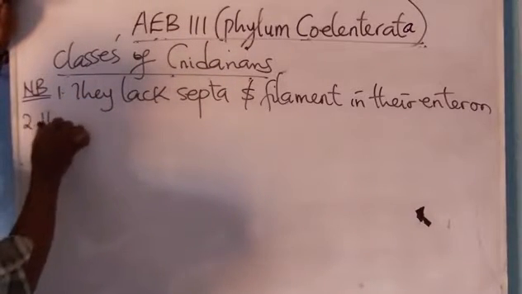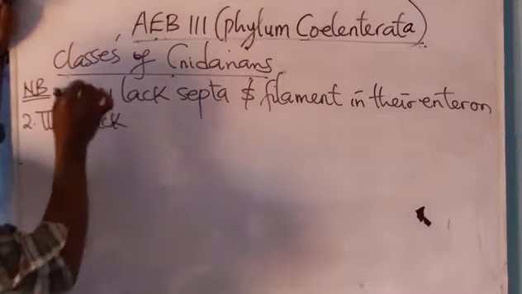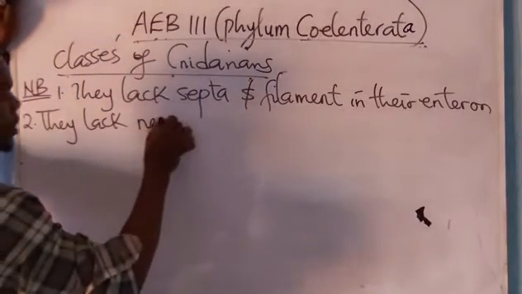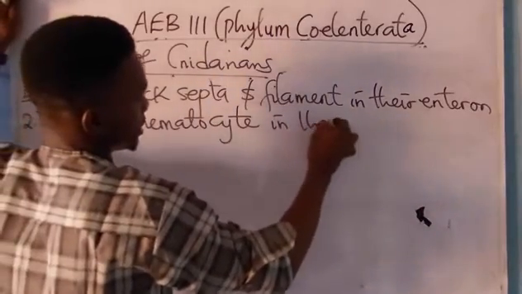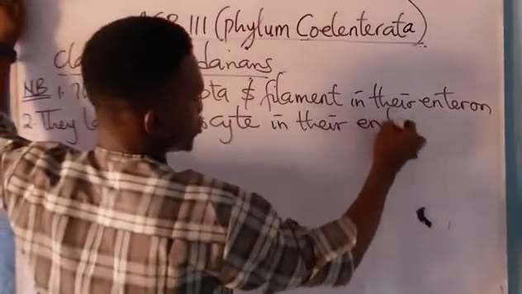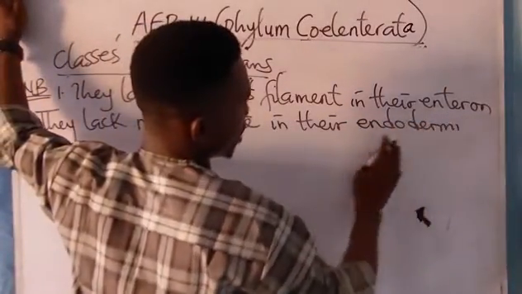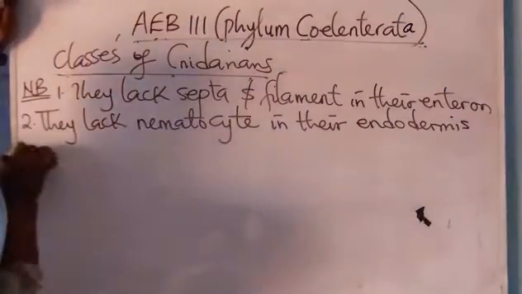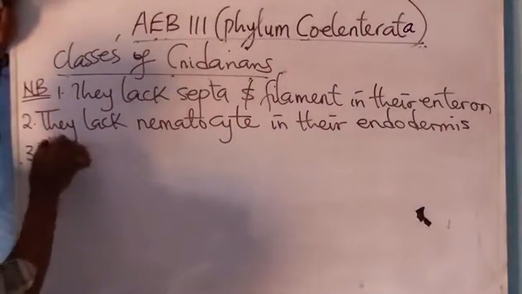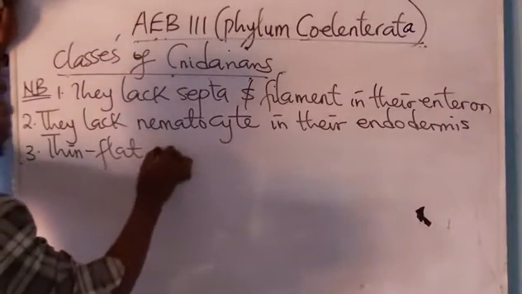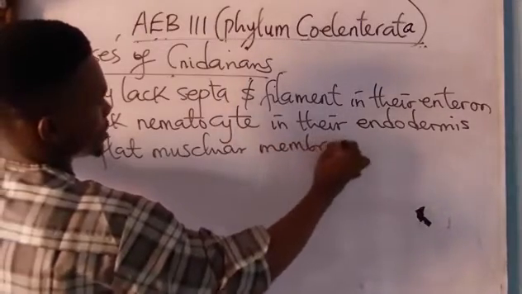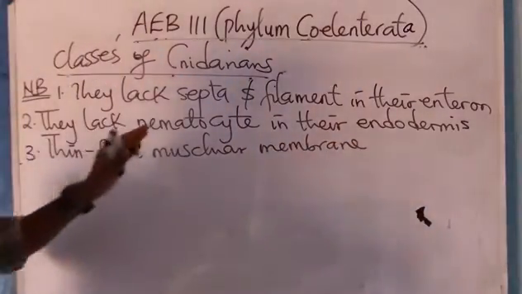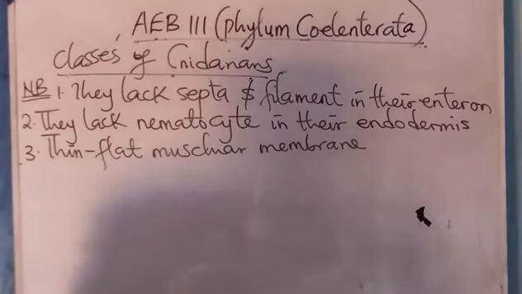And two, they lack nematocysts in their endodermis, and also a thin, flat muscular membrane. So these are the features that distinguish the hydrozoans from every other class of the cnidarians. Take note of that.